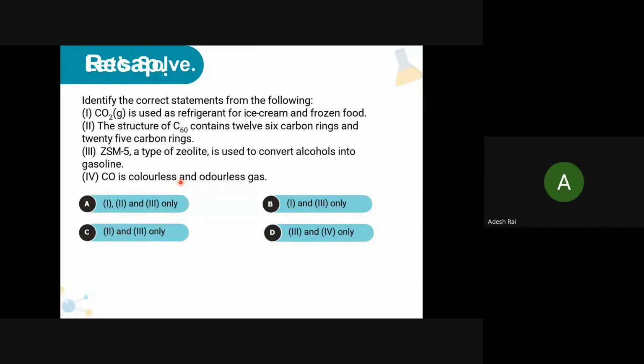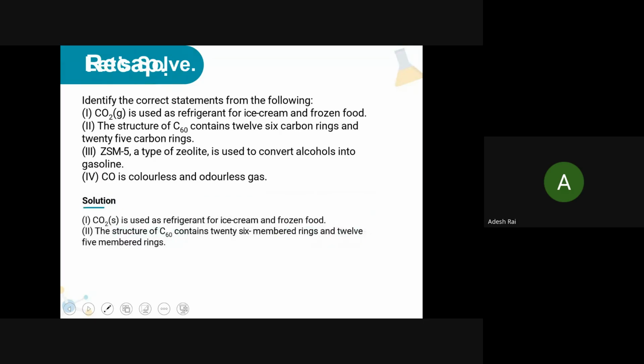Tell me, children. What is the correct option then? D. Who said B? D. A B C D. Yes. The second one was the other way around.